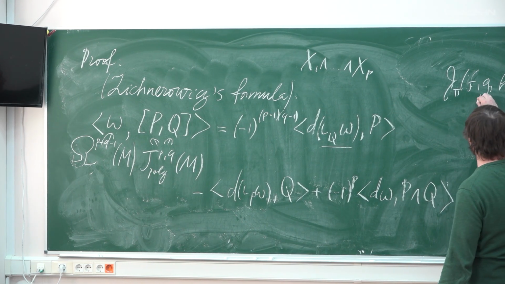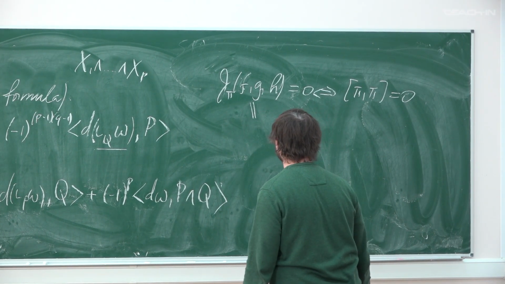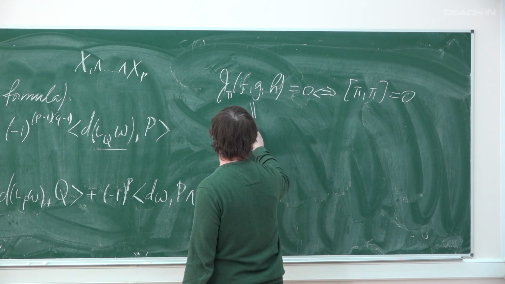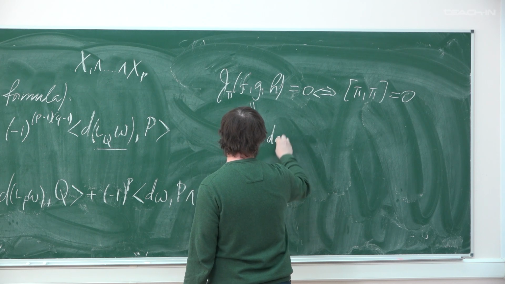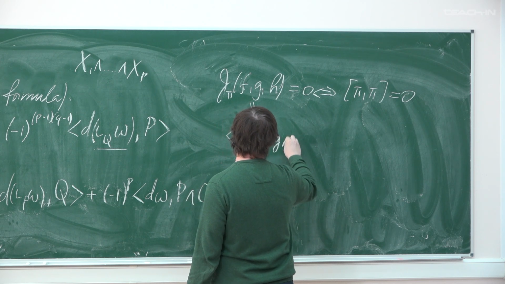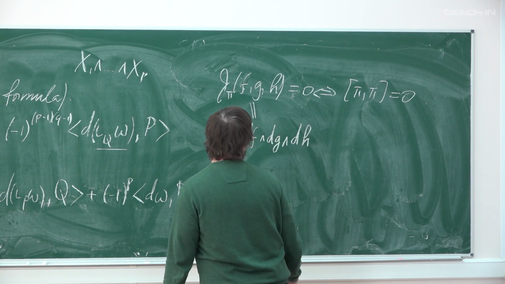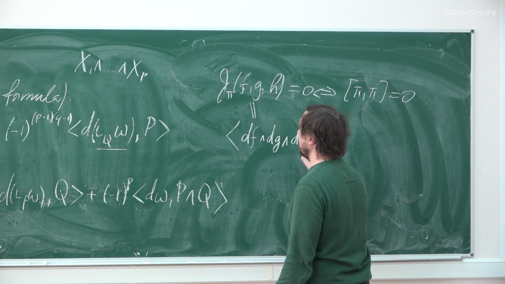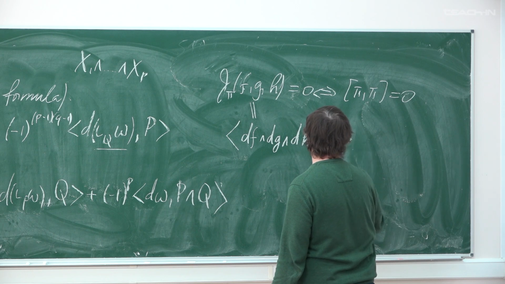So as I explained, this is equal to the pairing of the form df, dg, dh with some pi.